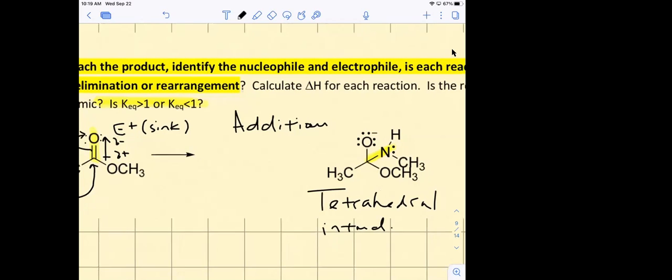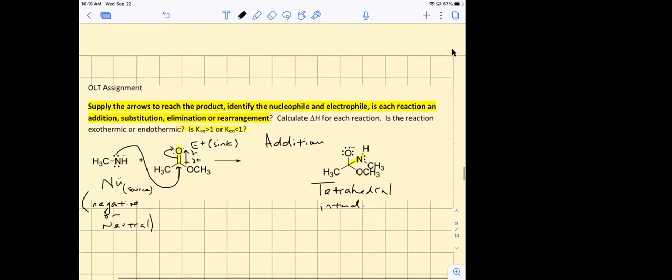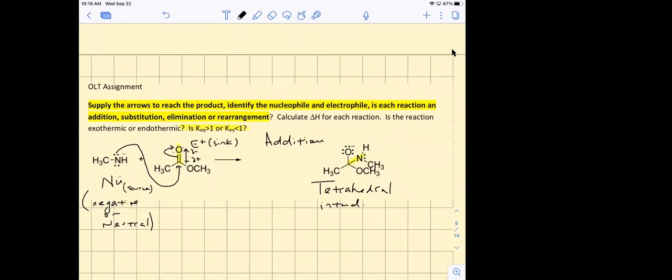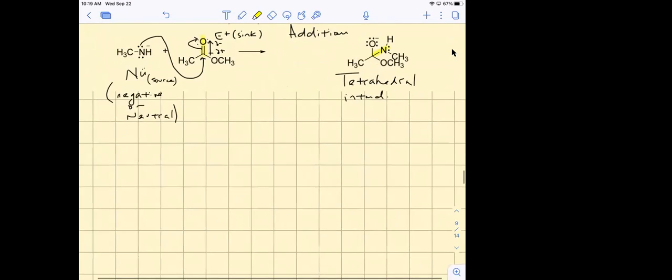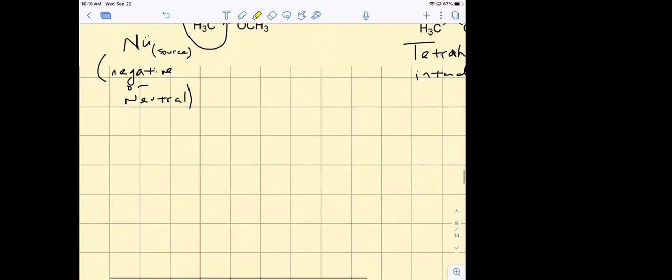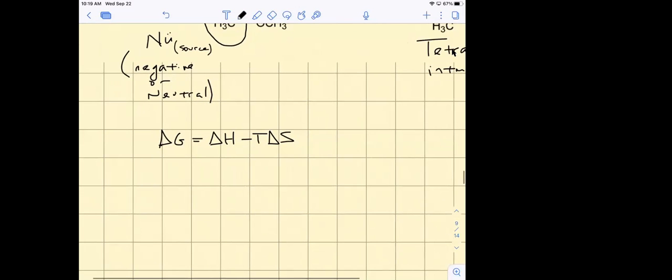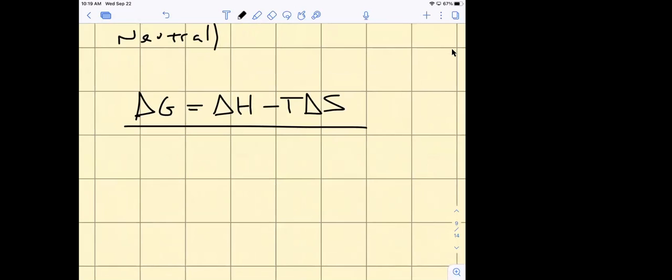All right, now we need to get into the thermodynamic part, right? So we're going to calculate delta H. Hopefully you remember this equation from Chem. Do y'all remember it? Yes. It deals with the Gibbs free energy.